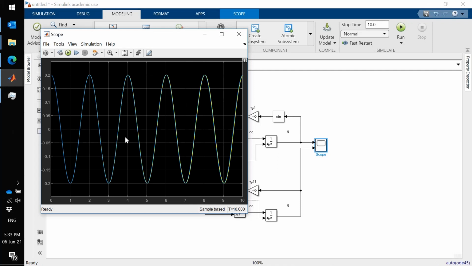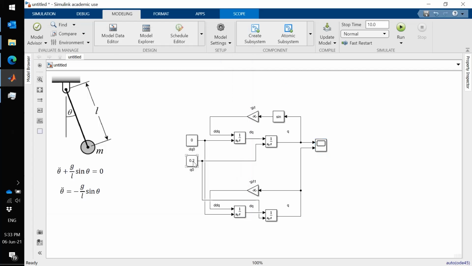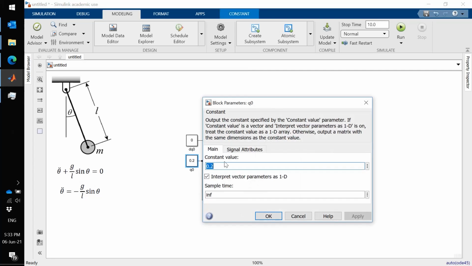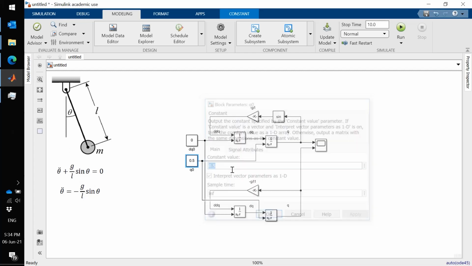You see the wave here starts deviating. Now the lines are starting to separate, indicating a difference in the frequency. The period has changed from one model to the other.